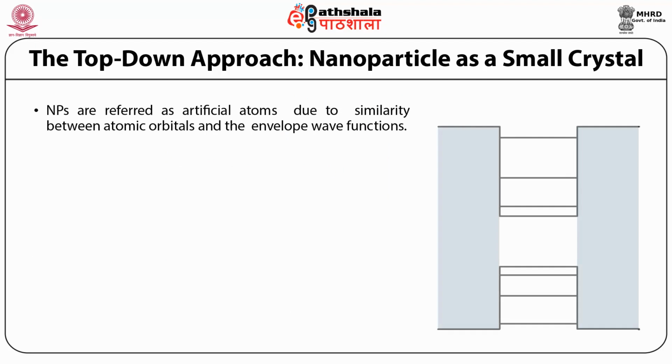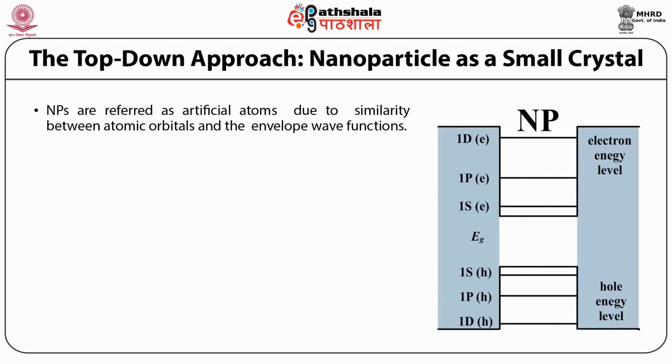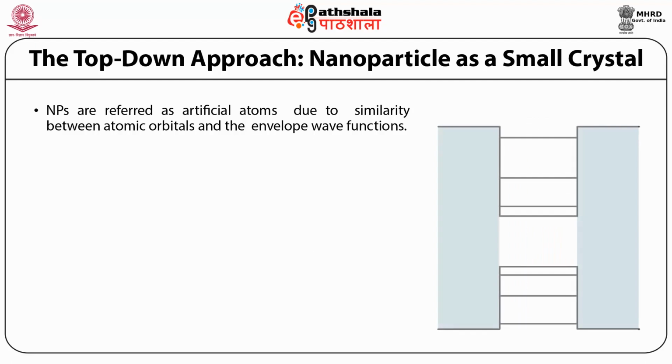Now this figure represents the energy level in a nanoparticle due to quantum confinement. In the top-down approach, the band gap of a nanoparticle is the sum of the fundamental bulk band gap Eg0 and the confinement energy of both the electrons and the holes.